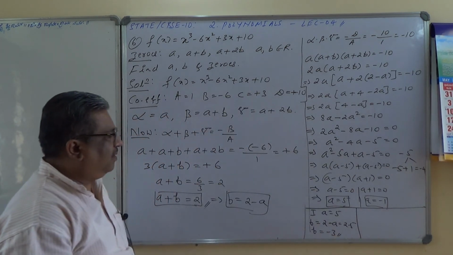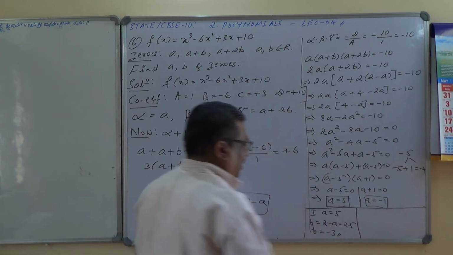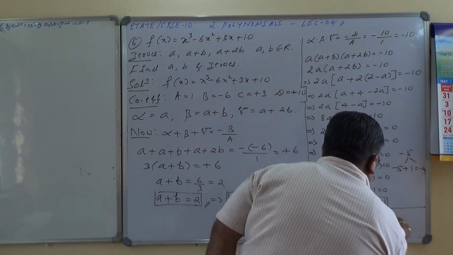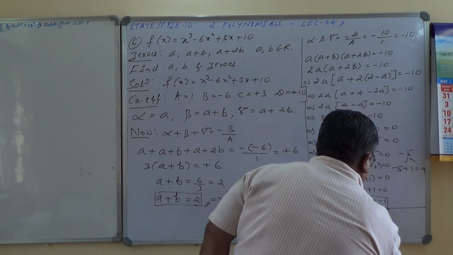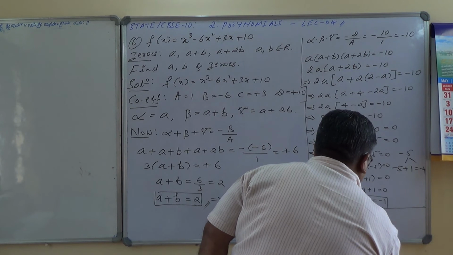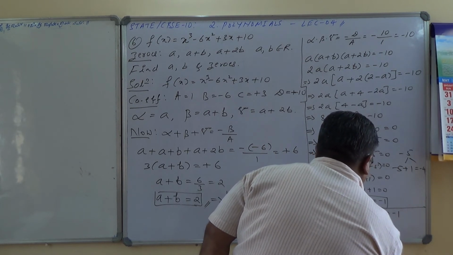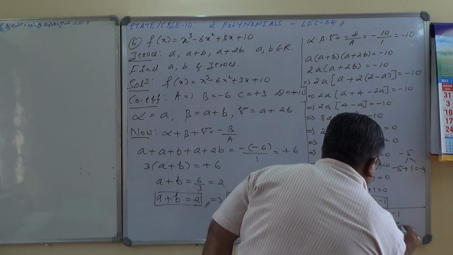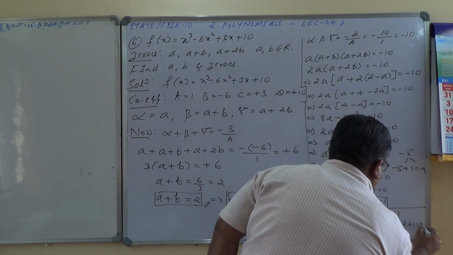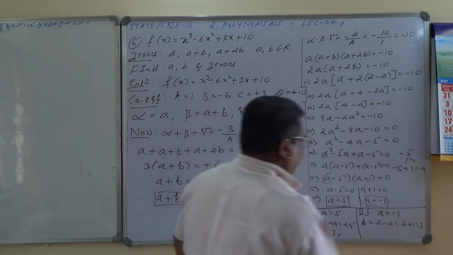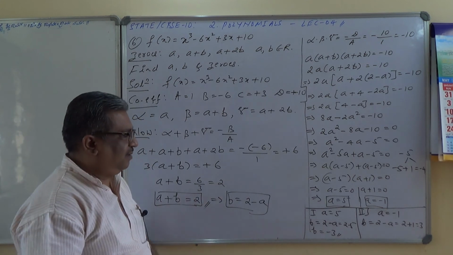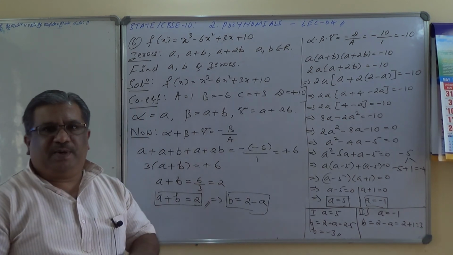So if a equals 5, then b equals minus 3. Similarly, if a equals minus 1, this is case 2 here. See here, this is case 2. a equals minus 1, b equals 2 minus a, 2 plus 1, which is 3. So if a is minus 1, b is plus 3 here. So these are the values which we are getting.